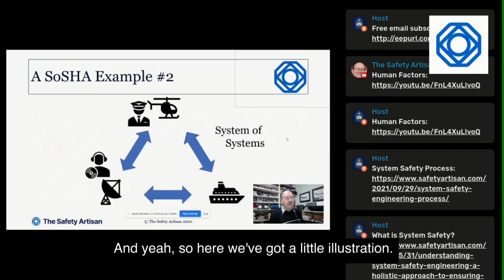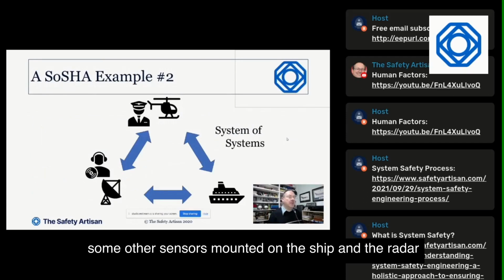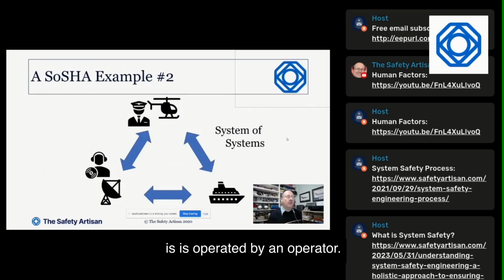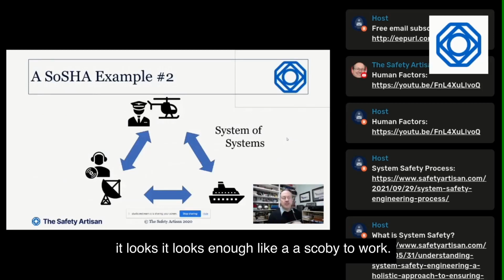So here we've got a little illustration. We've got our ship, we've got a radar and some other sensors mounted on the ship, and the radar is operated by an operator. That's actually an icon for a disc jockey, but it looks enough like a scope operator to work.